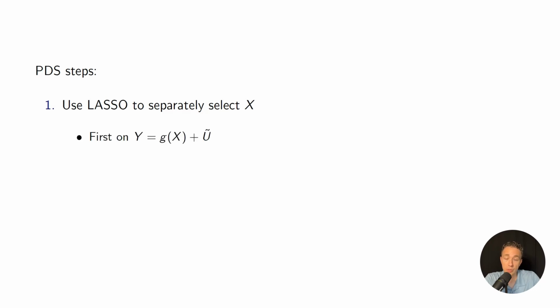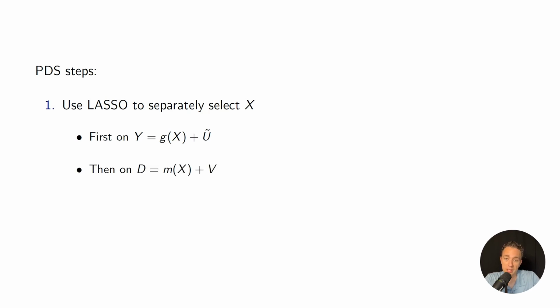So the steps that we follow are going to be fairly similar to the double debiased machine learning. We're going to use lasso to select the x's, and we're going to do it in two phases. So first, we're going to select the x's that matter for our outcome in the outcome equation.